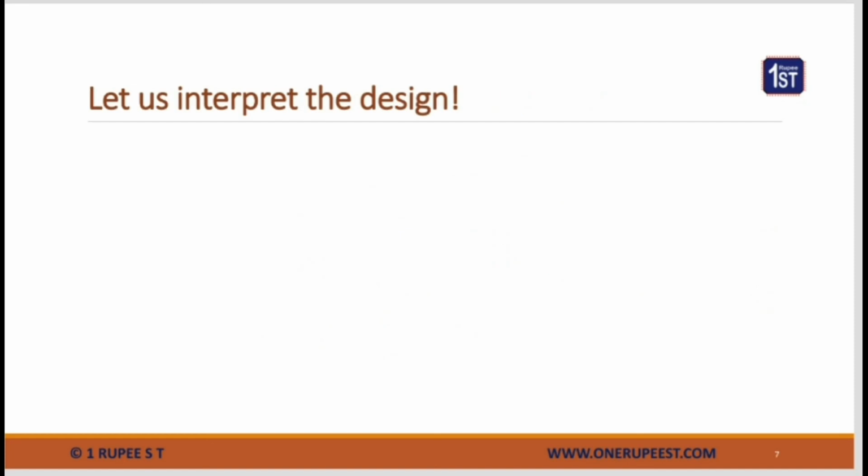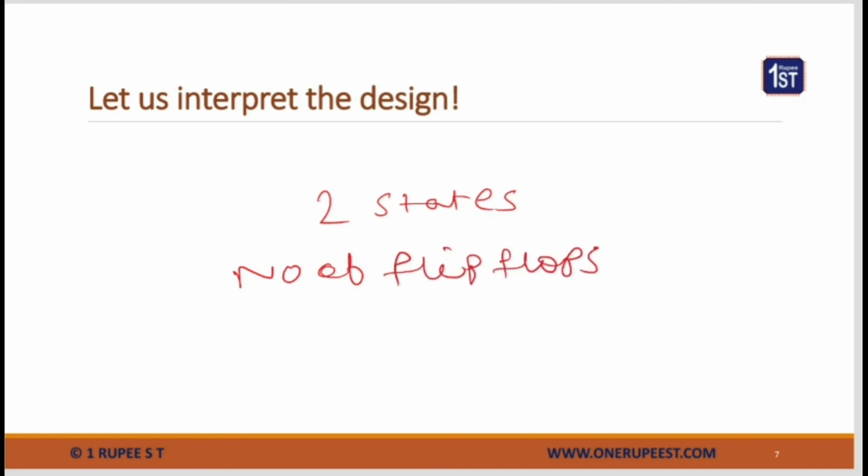And what we can interpret from this design is that for 2 states, the number of flip-flops is equal to 1, because 2 to the power 1; the power of 2 indicates the number of flip-flops.